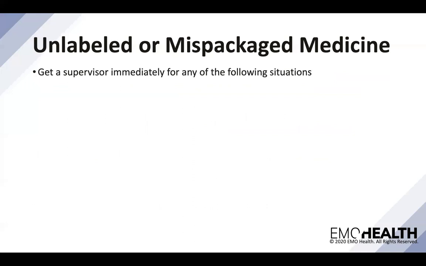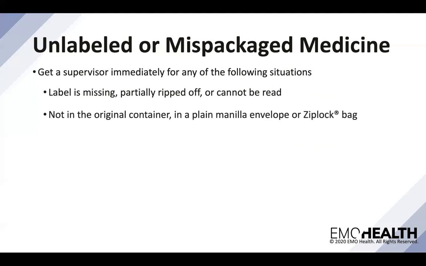You want to get a supervisor immediately for any of the following situations. If a label is missing, partially ripped off, or cannot be read. If it is not in the original container, meaning, for example, if it's in a plain manila envelope or a Ziploc bag.